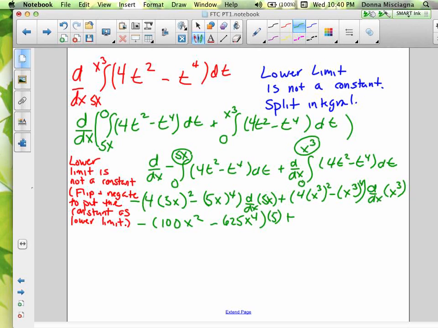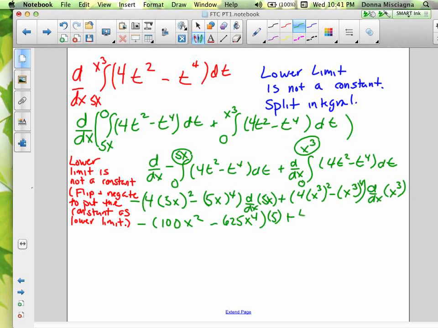Plus, now we've got 4 times (x cubed) squared. It's an odd place where I put the parentheses in. The 4 is not squared; the x cubed is squared, as I look above. So the x cubed is squared, the 4 is not.